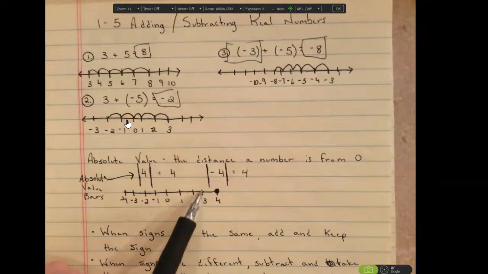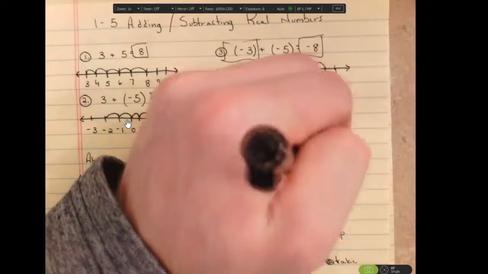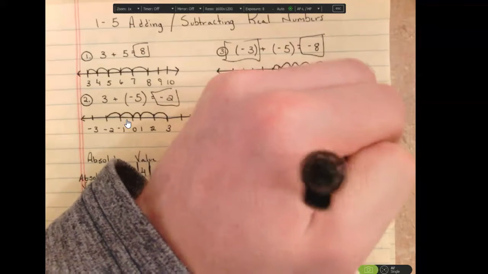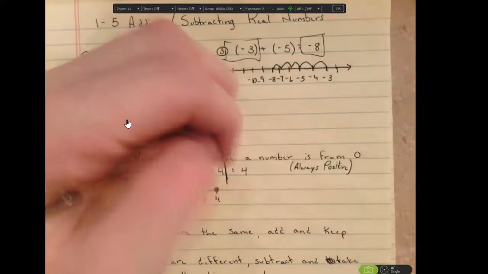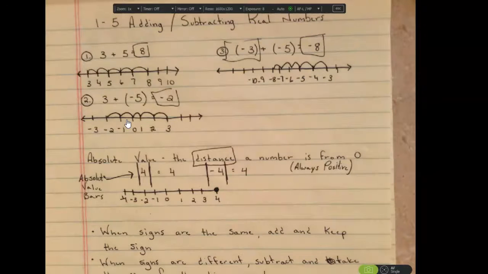It's 1, 2, 3, 4 spaces from 0. Now, we did move to the right, but absolute value, guys, is always positive. And the reason it's always positive is because of this key word right here, distance. Distance is always positive.